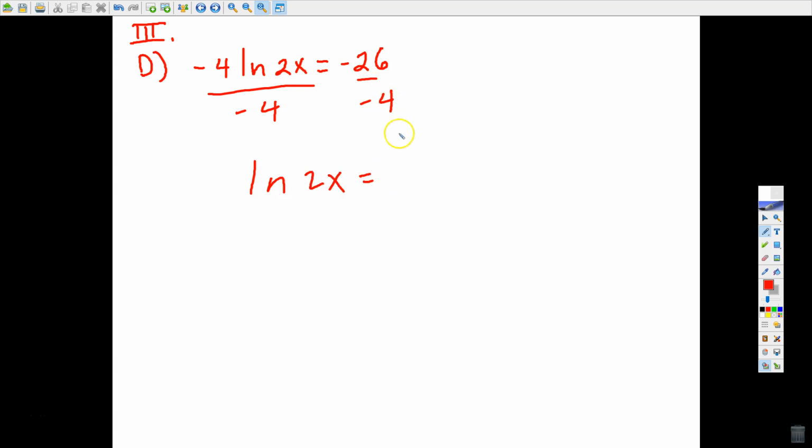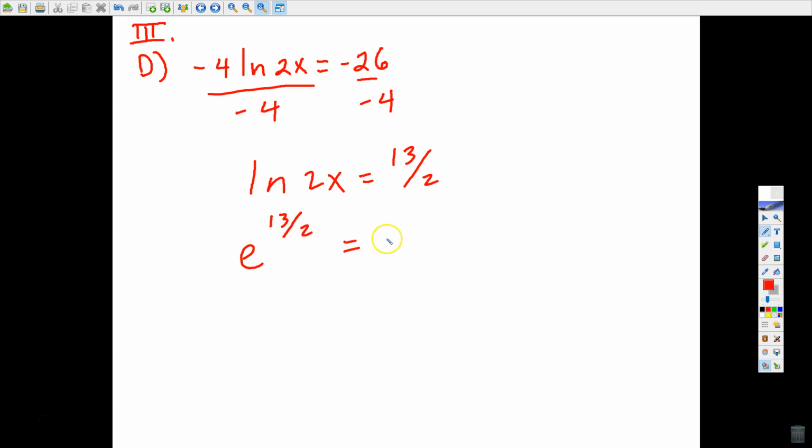And I'm just going to leave this as a reduced improper fraction, 13/2. And now we convert it. So show me on your paper how this becomes an exponential equation. So Hunter, what would that look like, exponential equation form?